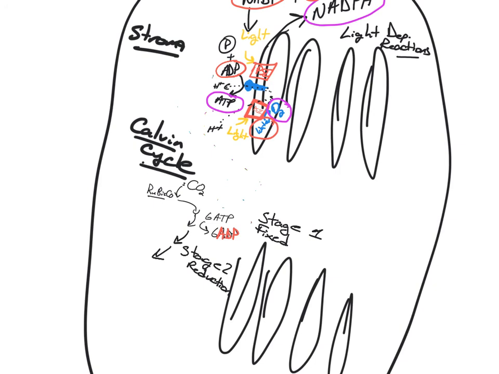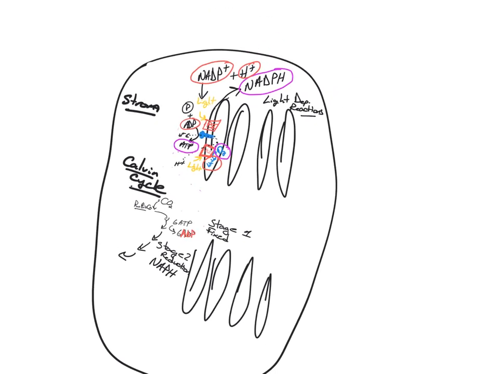So you're reducing. What do you need to use to reduce? You need electrons. So what is it that provides electrons in photosynthesis? NADPH. Where'd that NADPH come from? NADP plus, but where'd it come from? It came from here, right? From the light reactions. That's where this is coming from.